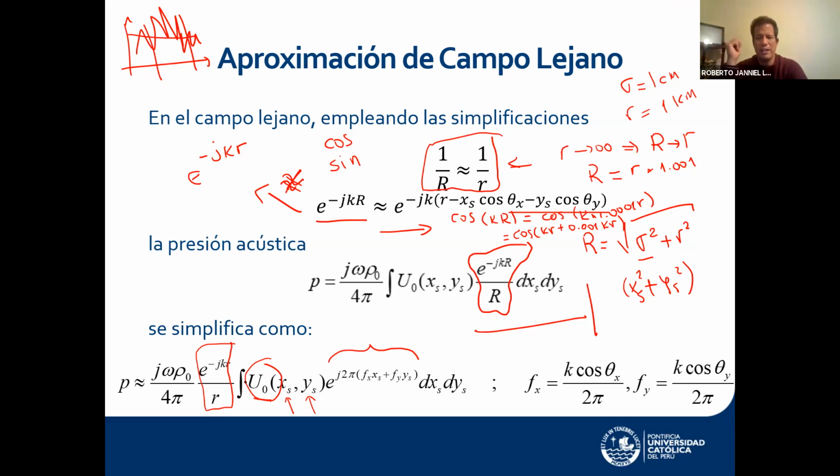You can also say that the far field of the transducer is going to look like the Fourier transform of whatever shape the transducer has.